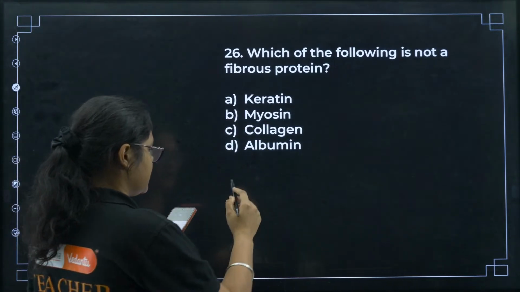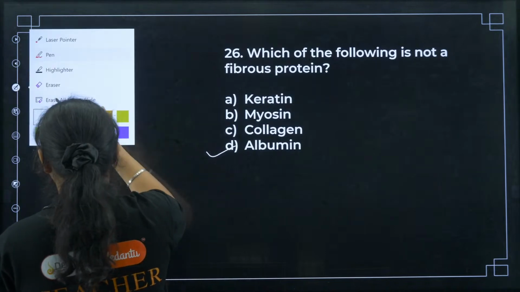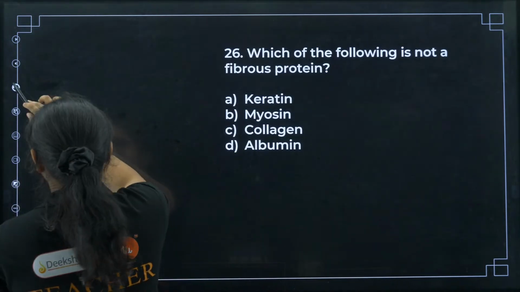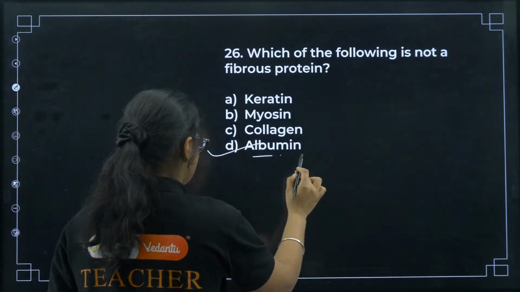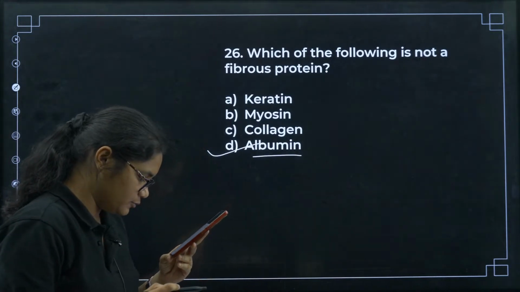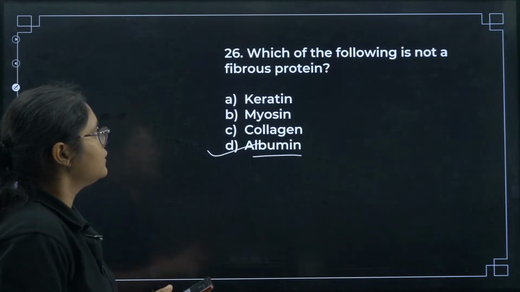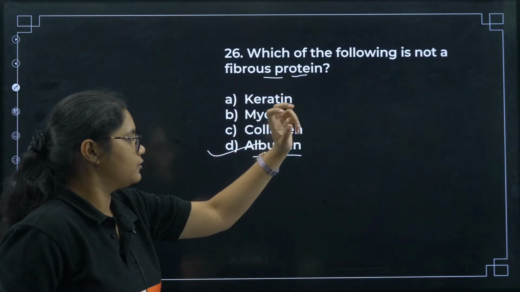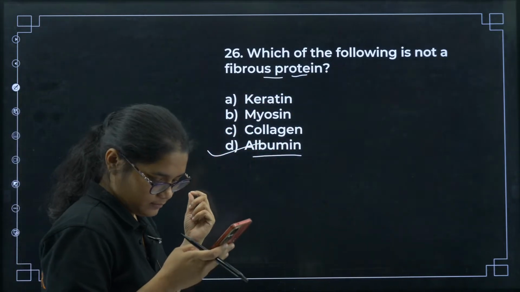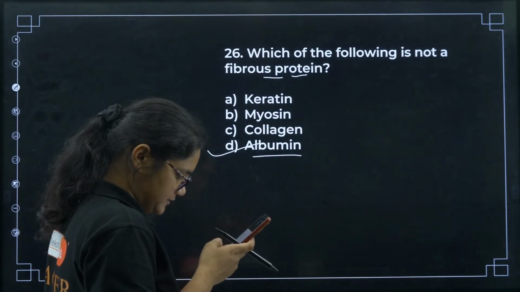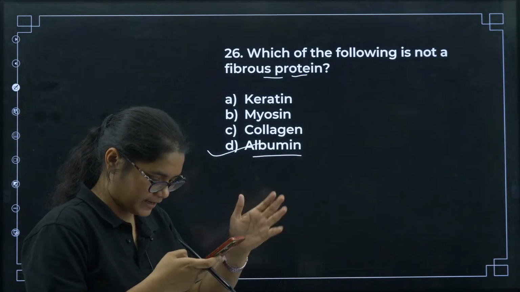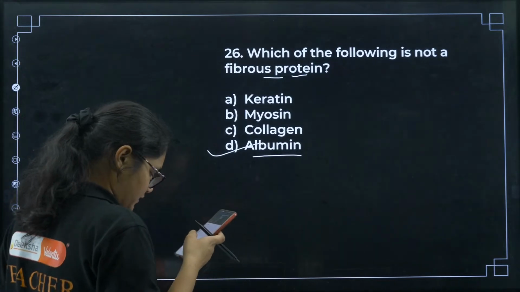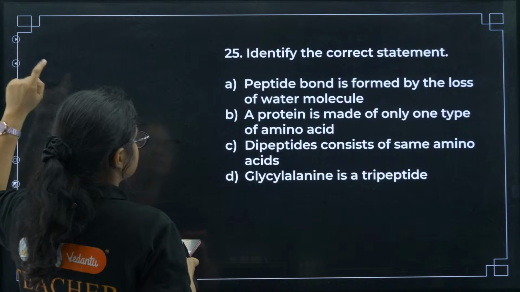Yes, Varija is again correct. 26, no, Varija is wrong this time, sorry. 26 has to be D. Okay, albumin is the correct answer. Not a fibrous protein. Okay, albumin is a globular protein. So that is why it is D. Why all of you are saying C? I don't get it. Yes, Revana has given correct answer. Well done, Revana. Rashmi also given correct answer.